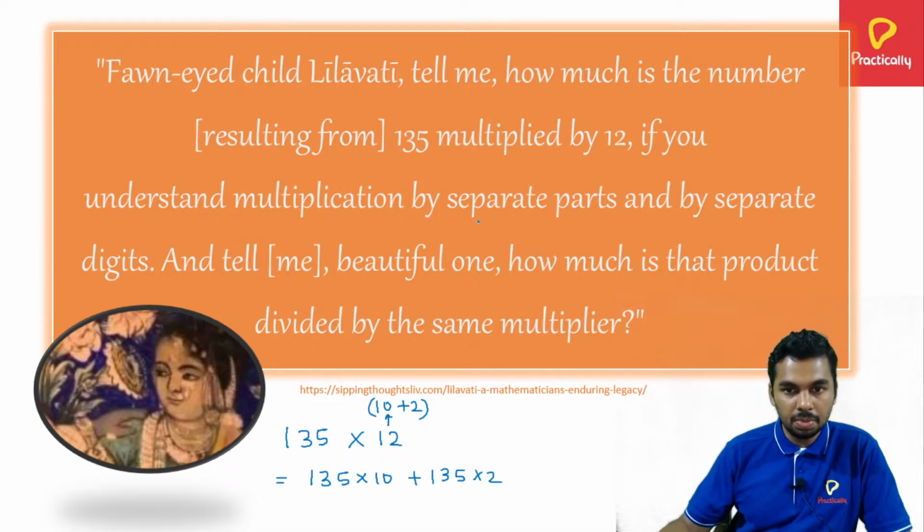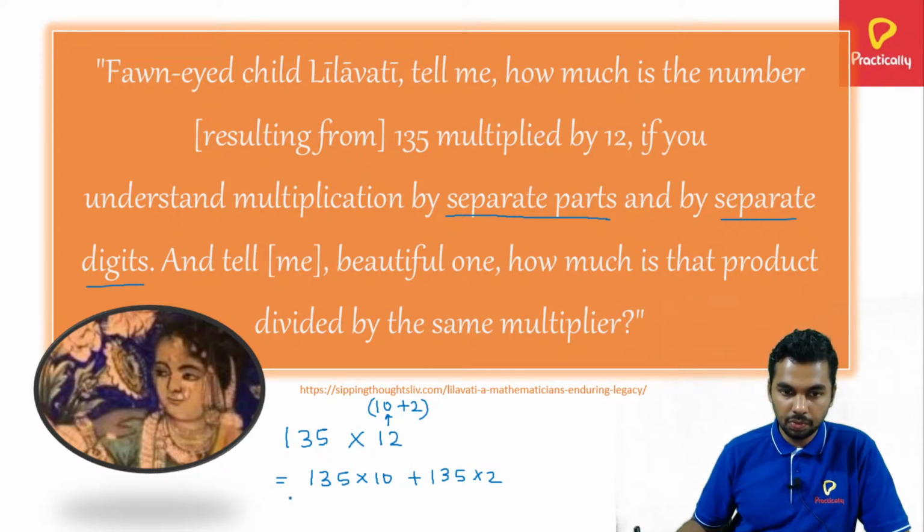So this is what is meant by separate parts. So in the question there are separate parts and separate digits. So we are going to separate the multiplication like this. So what is 135 multiplied by 10? It's 1350, plus I have to do 135 into 2.